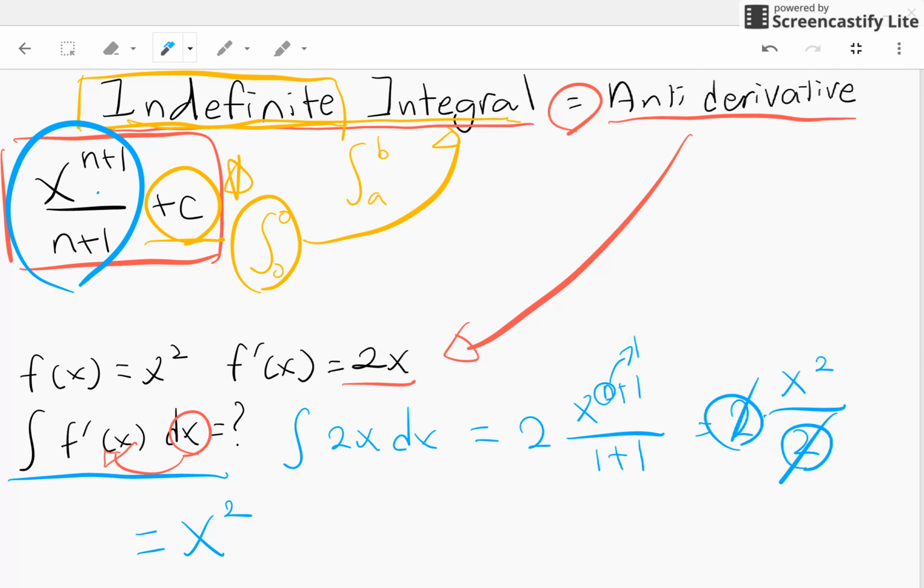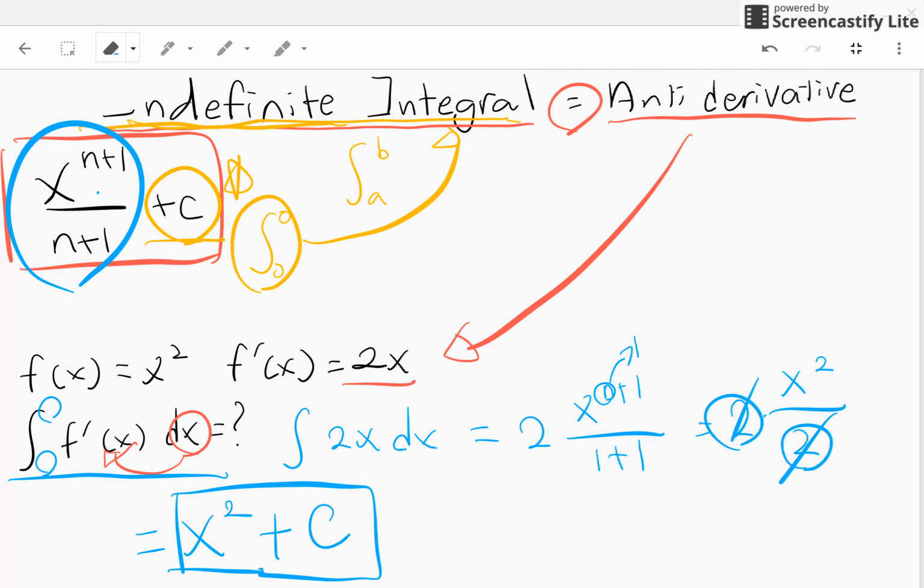Are we done? No, we are not done, because it does not have any bounds, so this is an indefinite integral. Now, x squared is the answer, but the completed answer is x squared plus c. And now it looks good.